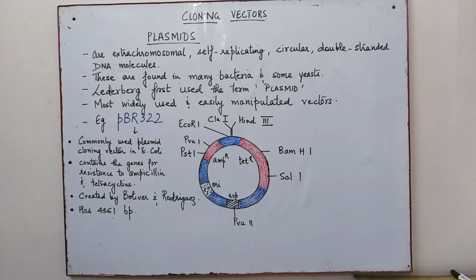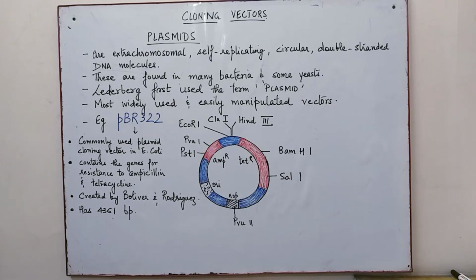Now, over here we have also discussed the various features that are required to facilitate cloning into a vector. That is, the origin of replication, the ORI site, was very important. It is the site from where the replication starts.